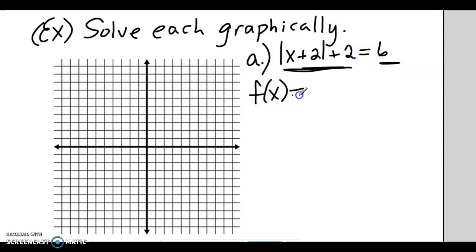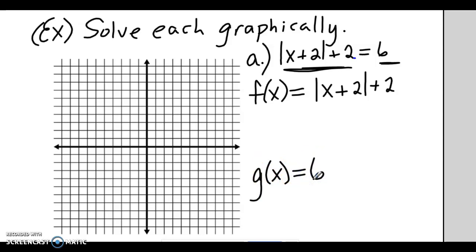I'm going to write f of x equals the absolute value of x plus 2, and then g of x equals 6 for the right side. So I took the left side and wrote it as a function, and then I took the right side and wrote it as a function. And I need to graph each of those functions.